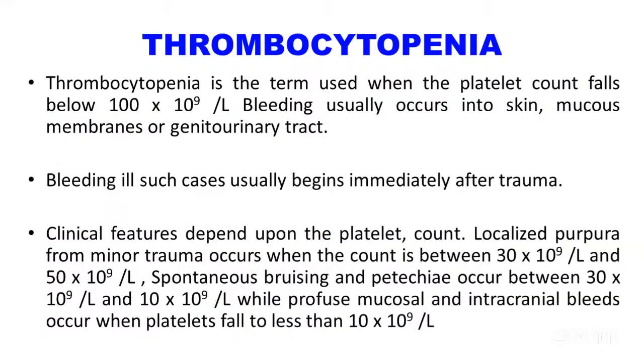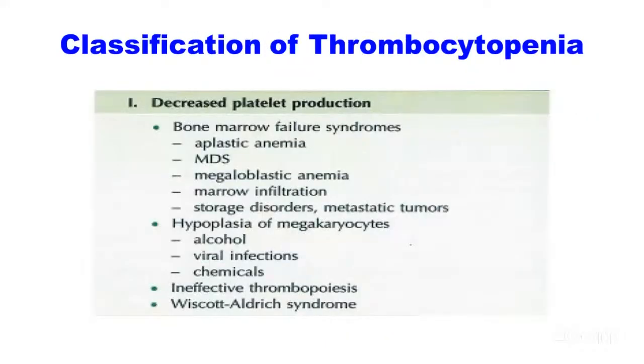To define any thrombocytopenia, it is the platelet count falling below 1 lakh, usually manifested with some bleeding in the skin, mucous membrane, or genitourinary tract. Clinical picture depends upon the platelet count, some localized purpura, and it is the platelet count which ultimately governs the type of the clinical picture.